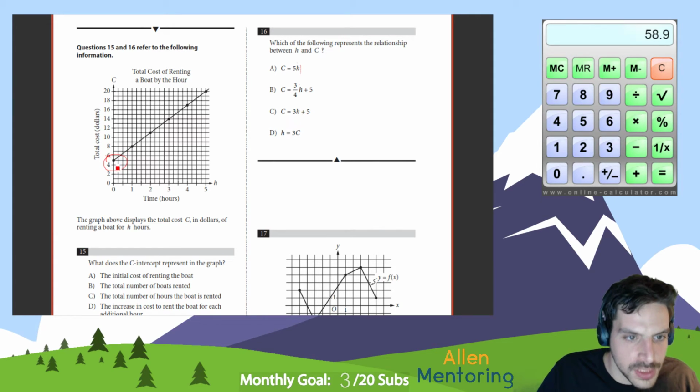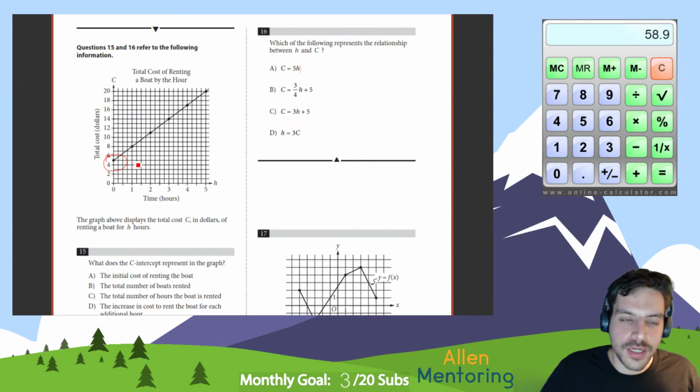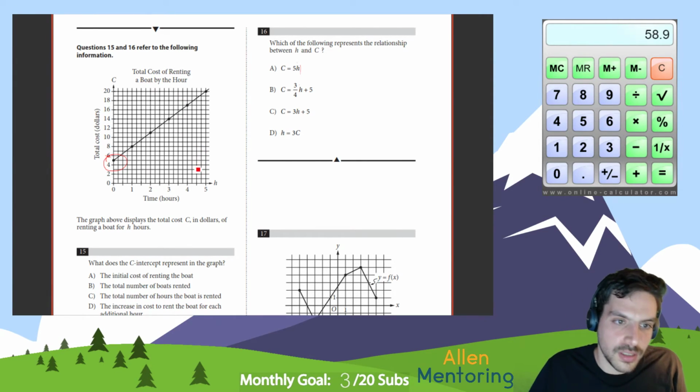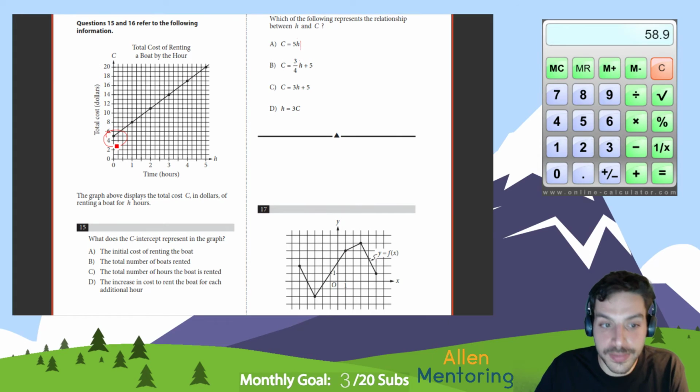What does this value mean? It's always going to be something along the lines of the initial cost of using whatever it is. So in this case, it'll be the initial cost of renting a boat. Even if you rented the boat for 0 hours, you're still going to be paying $5. So they'll many times ask you about that in these sorts of problems.